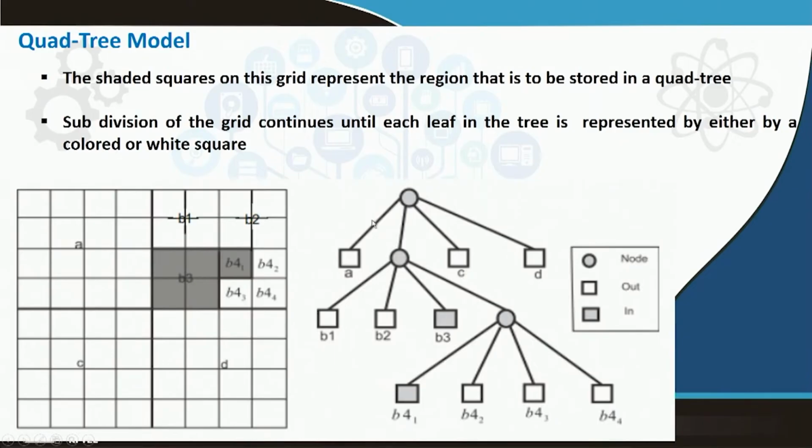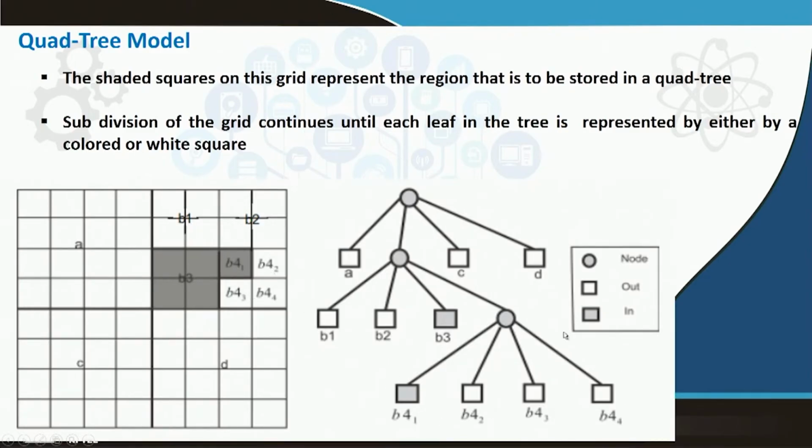This node is divided into 4 quadrants, A, B, C and D. If I take the B quadrant, it is again divided into B1, B2, B3 and B4, and each of these is then divided into B11, B12, B13, B14, similarly B41, B42, B43, B44.